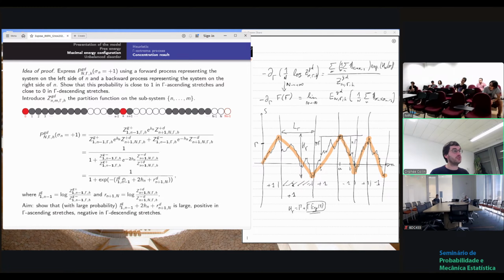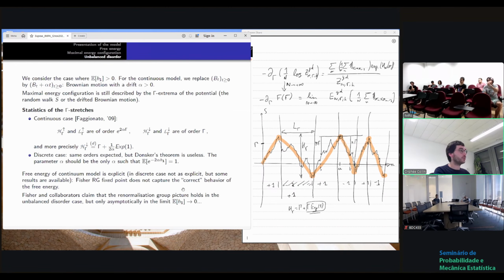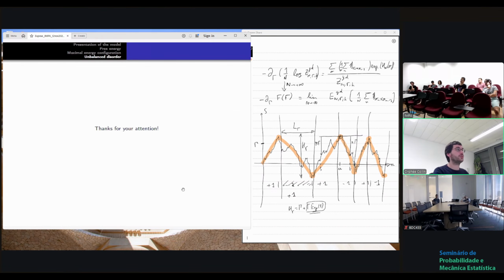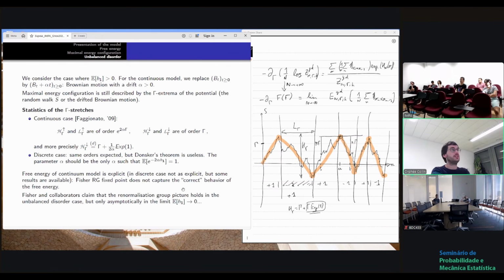So you can argue that most of the time this is very large, of order gamma. So it's not going to be close to 0. And for the sign, we have to develop an additional argument, which is based on a zero temperature analog, but I won't detail it. To conclude, I will take just 5 minutes to talk about the unbalanced disorder.